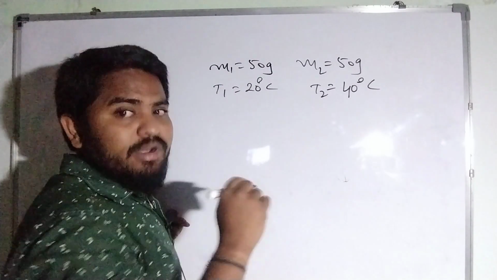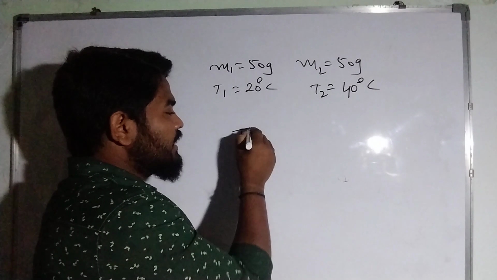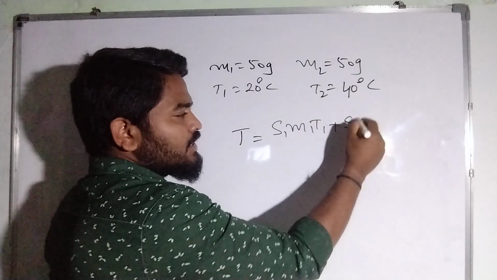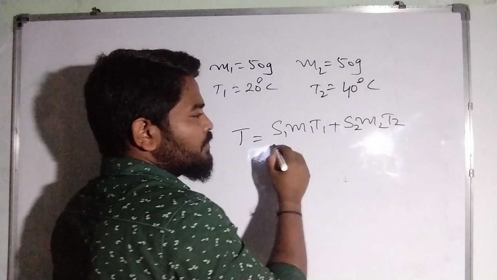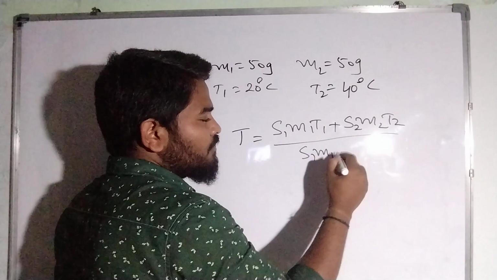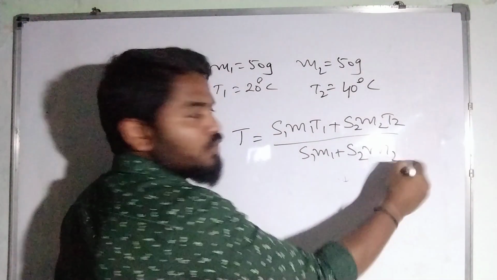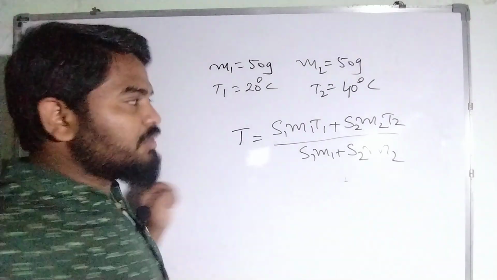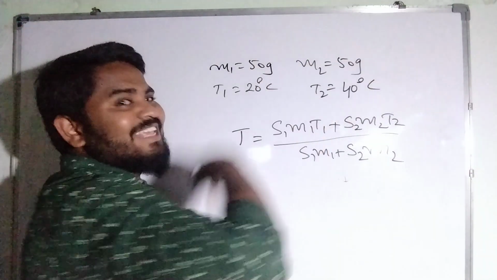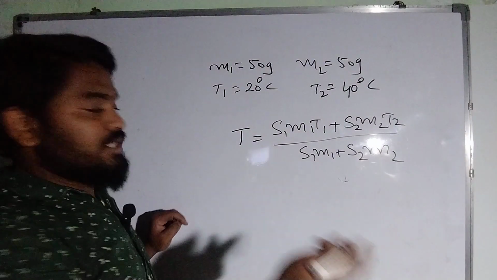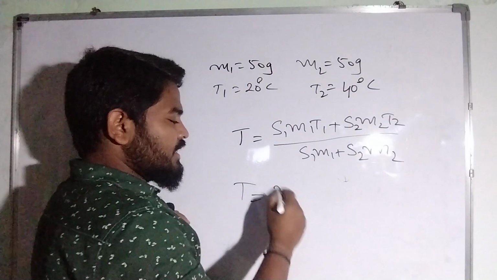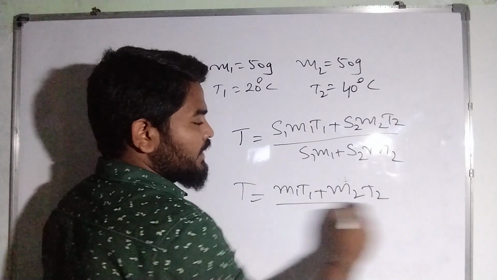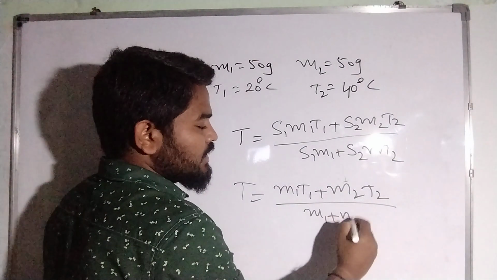Yesterday we derived one equation. What is that? Final temperature is equal to S1 M1 T1 plus S2 M2 T2 by S1 M1 plus S2 M2. This is the equation that we have learned, but remember that they are both the same substance, so the specific heat is the same, then the formula becomes m1 t1 plus m2 t2 by m1 plus m2.